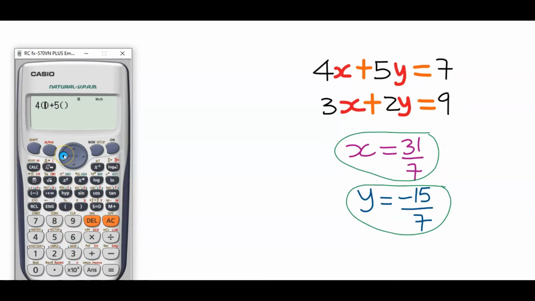The value for x is 31 over 7, while the value for y is minus 15 over 7. For equation 2, the coefficient of x is 3 and the coefficient of y is 2, and here we have 9.